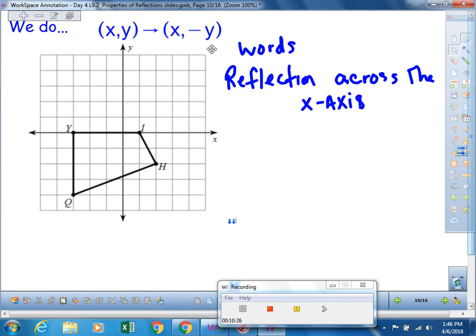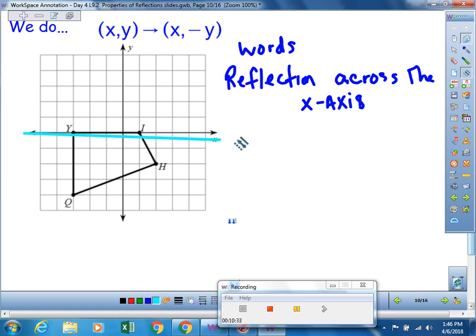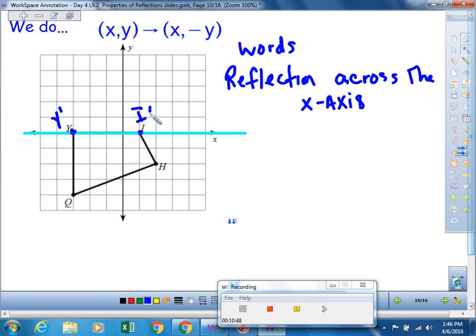Combination. Okay, I'll wait till it's quiet. So 2 points are on the, so just I and Y prime, and then you put the other point.